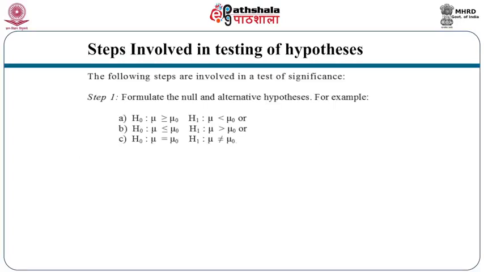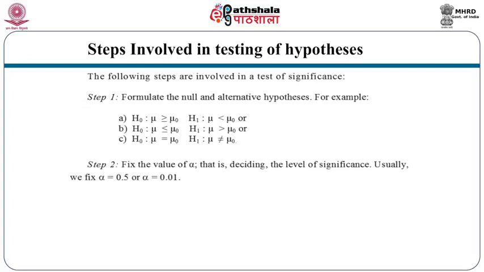Now in the next two slides I will exactly explain to you the steps involved in testing of hypothesis. So in step 1 we try to formulate a hypothesis. For example, mu greater than or equal to mu naught versus mu less than mu naught, mu less than or equal to mu naught versus mu greater than mu naught, or mu equal to mu naught versus mu not equal to mu naught.